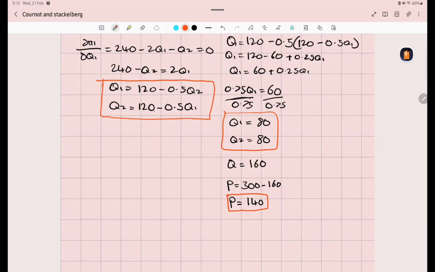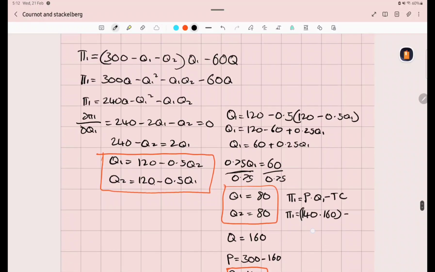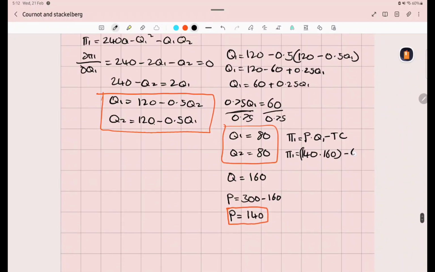And so, continuing on, finding our profits, I'm just going to plug it into price times quantity minus total costs. I'll do that for the first firm. Total cost 60Q.